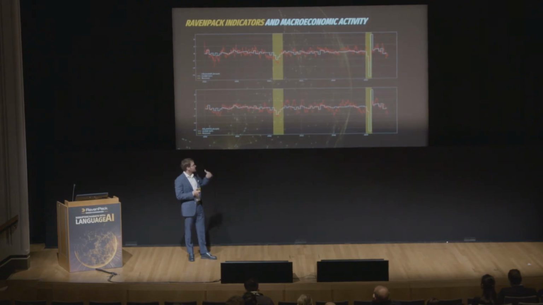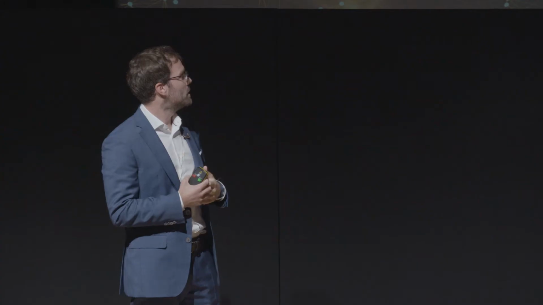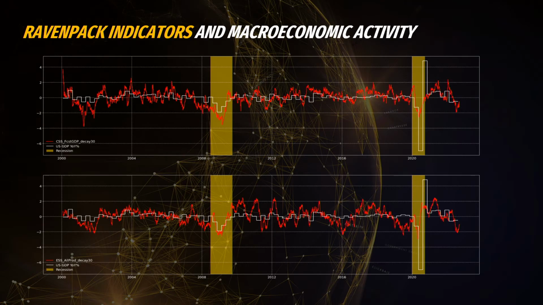After we create indicators, of course, before selecting which ones to include in our model, because we can create many of them, this is just a visual analysis to show you that the RavenPack indicators that we create at a daily frequency, the red line, follow closely a slow-moving variable like GDP, that is the white line. This is simply a visual analysis.